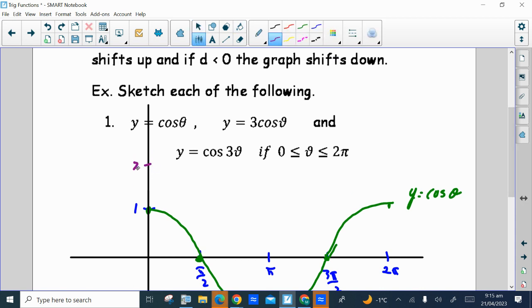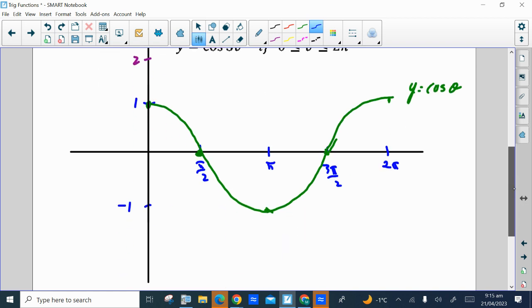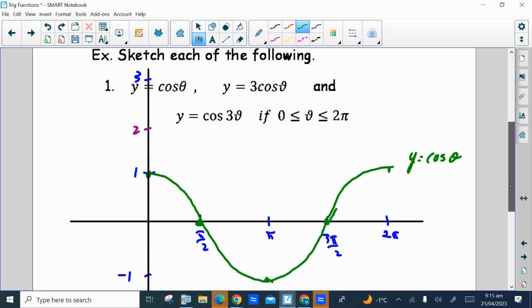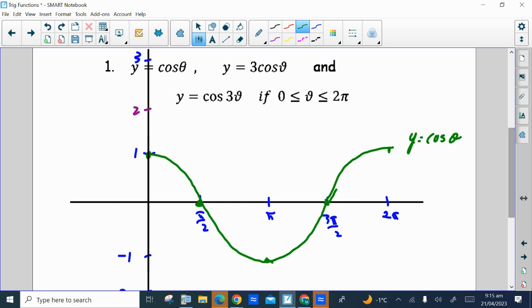So there's 2, 3 is about there, -2, -3. So for 3 cos theta, that means a vertical stretch by a factor of 3.